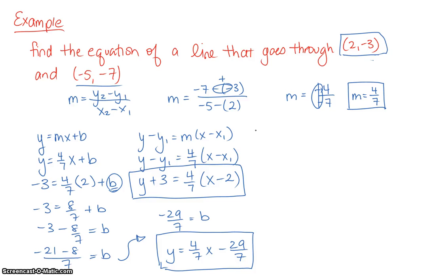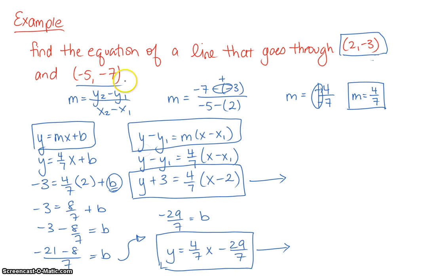And again, using either of these two, if I had to leave my answer in a general or standard form, I can then eliminate my denominators, isolate for my constant, or isolate for equal to 0, and go from there. So by starting with either of these two formats, given that I have a slope and 2 points, I can use either of these to carry through and get all the way to standard or general form, depending on what the problem's asking me for. If they just want to find an equation in any format, either of these two would be sufficient for your answer.